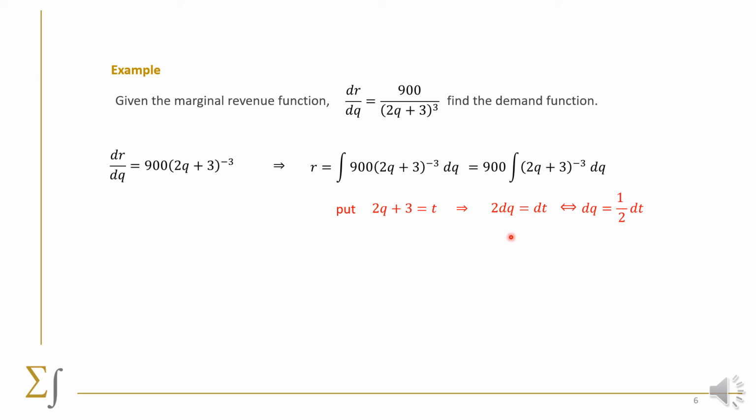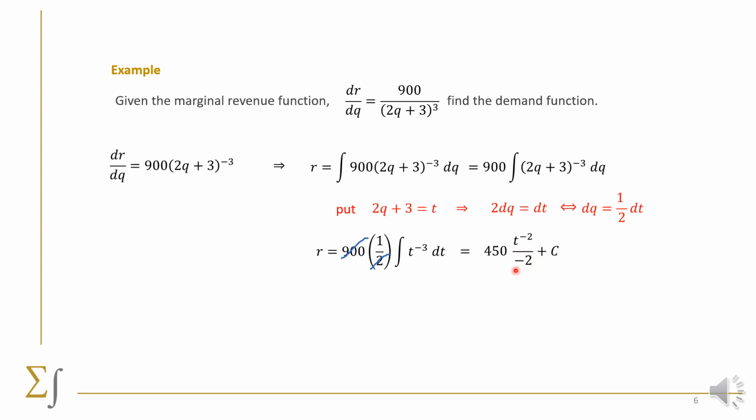So our integral will be, yes. Now I have a half from here. We can cancel this half with the 900 to get 450. And we can integrate t power minus 3 to be t power minus 2 divided by minus 2, plus the constant. So here we have the 450 from the cancellation, and here we have a minus 2 from the integration.